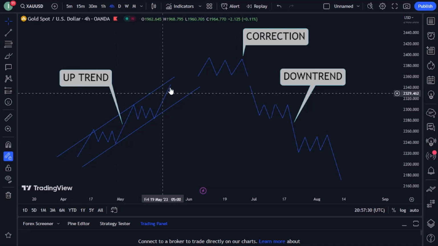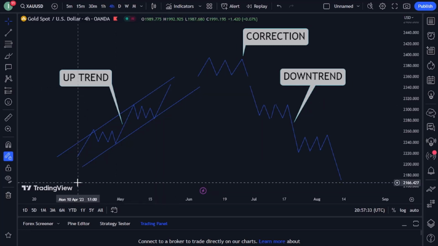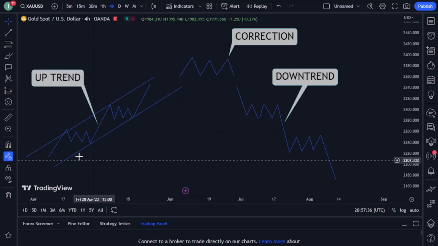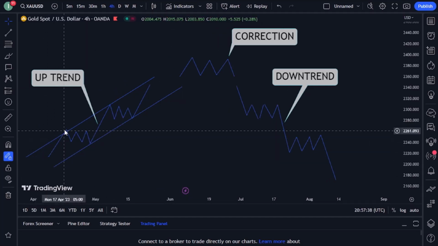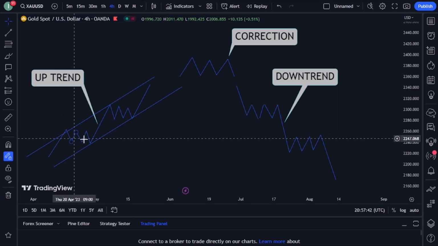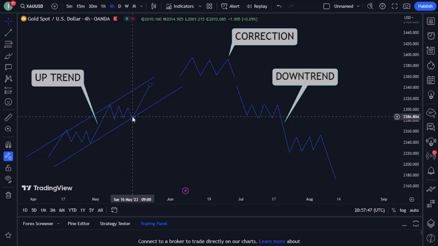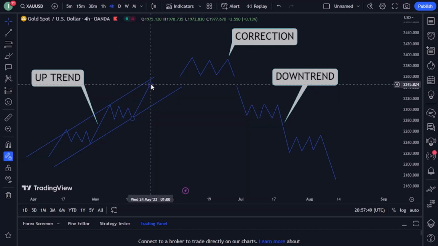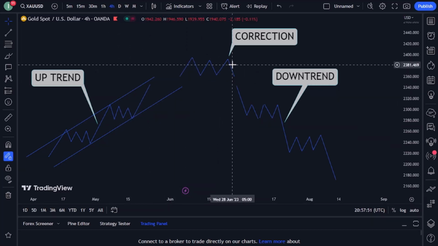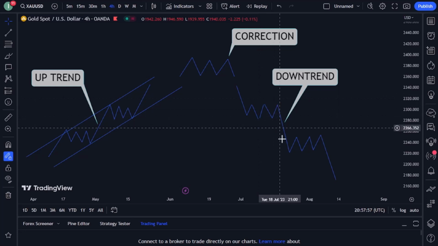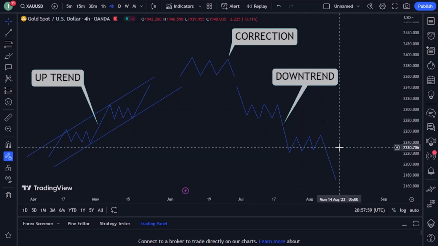As you see, the market trends and then corrects, and trends again and corrects. You understand? Trend and correct, then change direction, trend down, correct, and trend and correct.